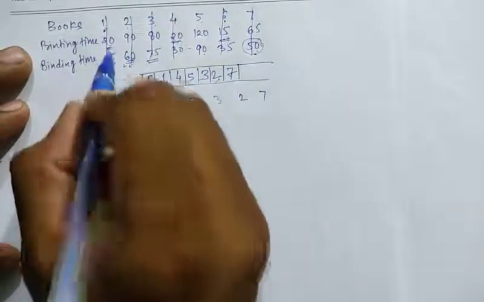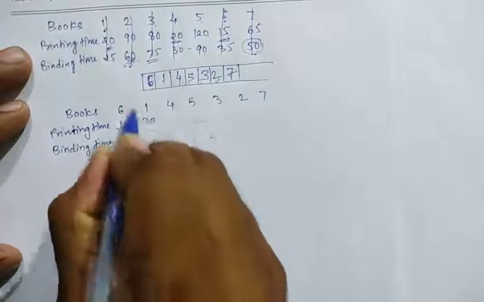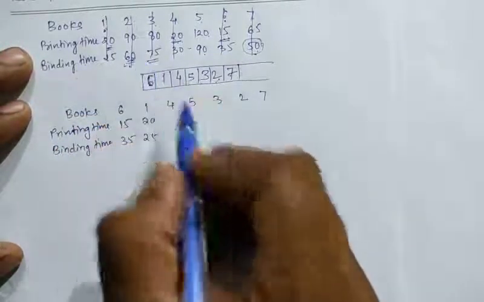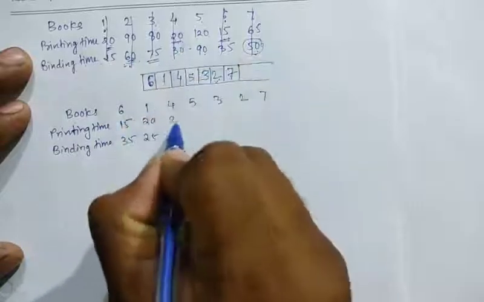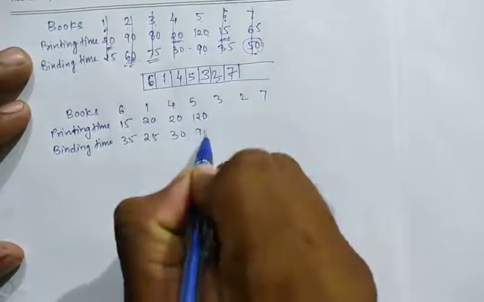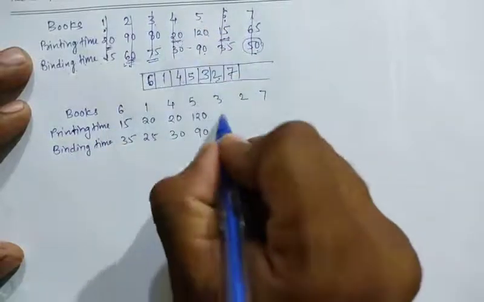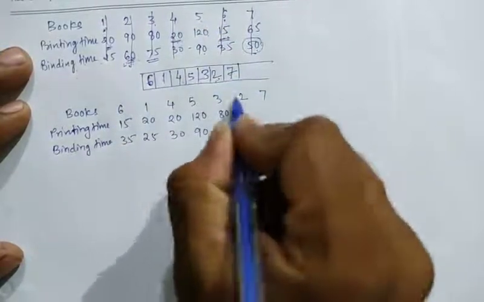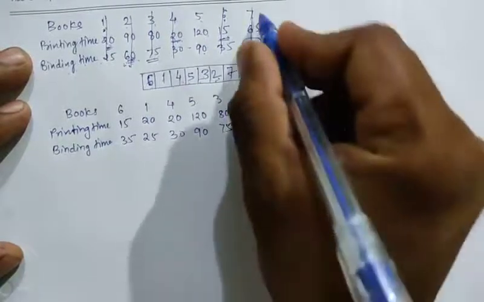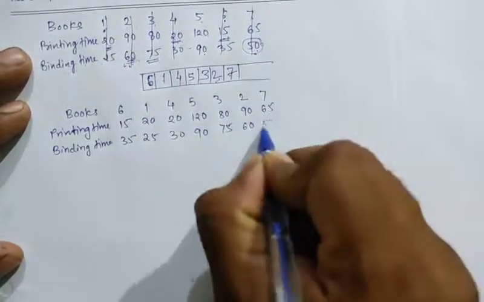For first job we get 20 and 25. Next for fourth job 20 and 30. For fifth job 120 and 90. For third job 80 and 75. For second job 90 and 60, and for seventh job 65 and 50.